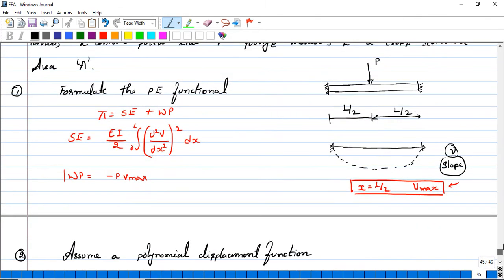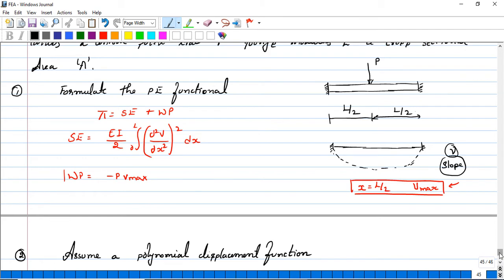Here, if I want to represent this, I will take it as two fixed ends, and the displacements I will consider at the fixed ends. We have a total of two displacements: one is the vertical displacement and one more is the slope. If I consider these two at each node, in total I will get 4.